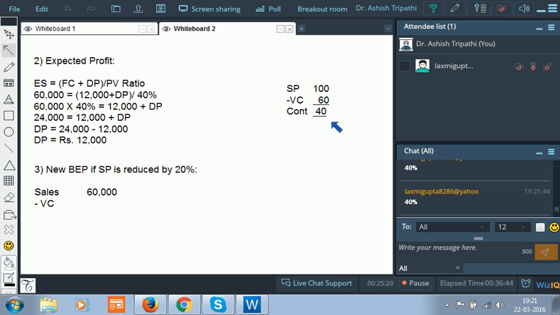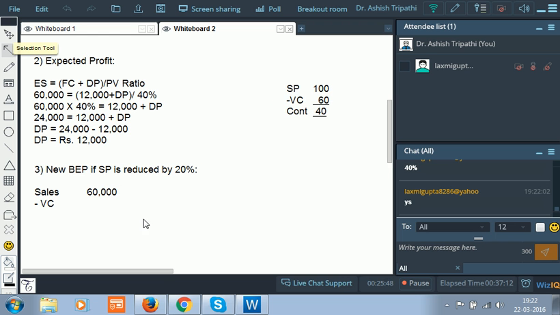Very good, 40%. So in this example, PV ratio is 40%. That means variable cost is 60%. If contribution is 40%, variable cost will be 60%.